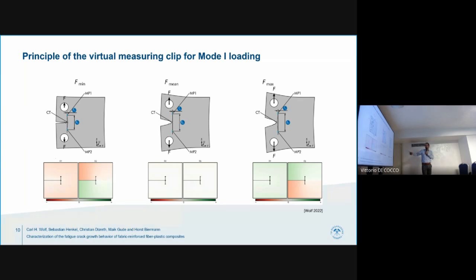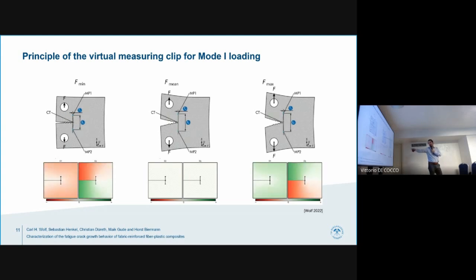And if we raise the load, we also have a symmetric displacement field, which is vice versa to this. So if we have crack growth, the clip goes on, and if the forces are equal, you see the displacements become larger.